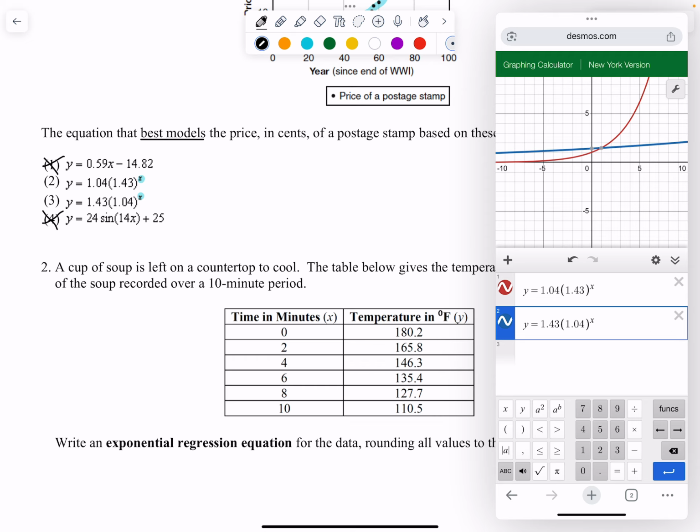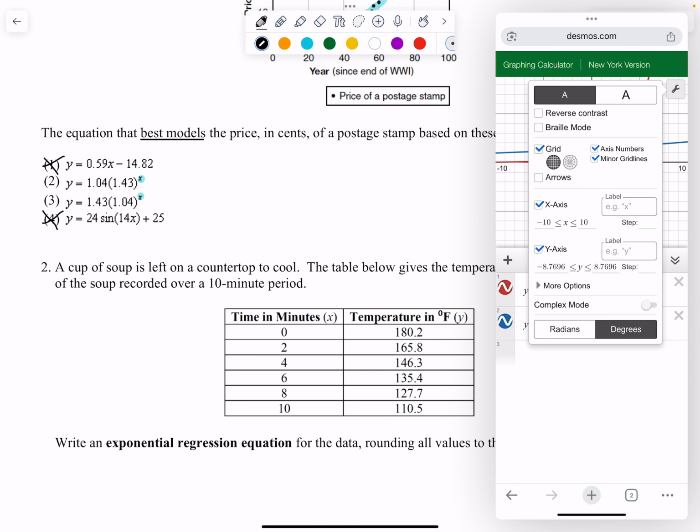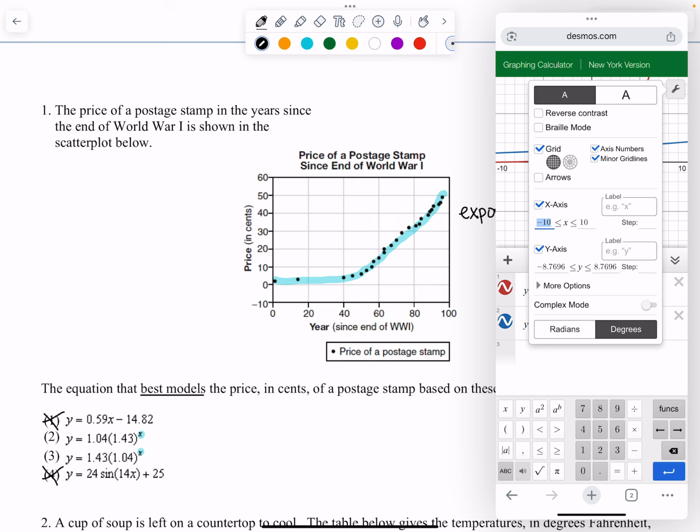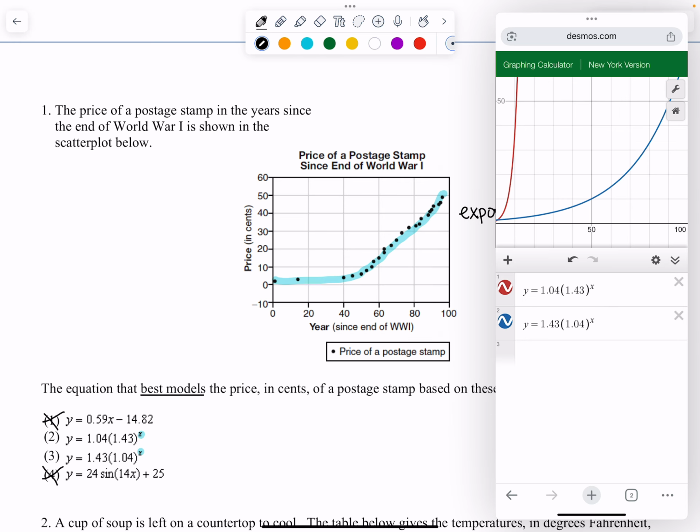I also want to take a moment to adjust my settings. In this scatter plot, I can see that my x min is 0 and my x max is 100, so I'm going to make it look like that. And then I can see that my y min is negative 10 and my y max is 60.